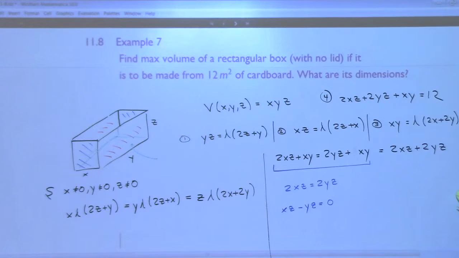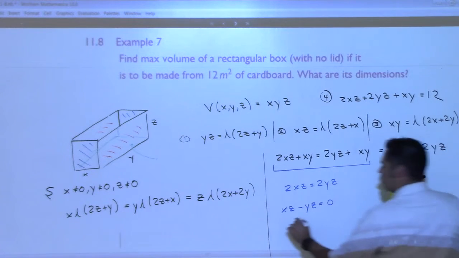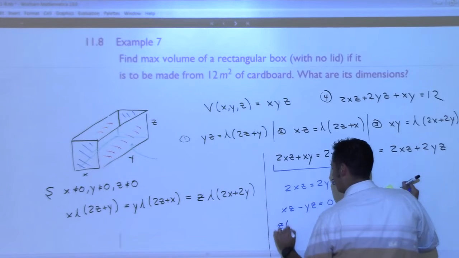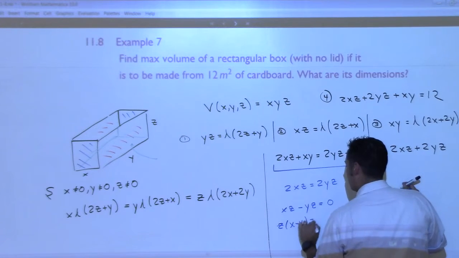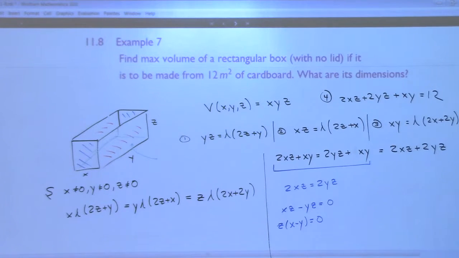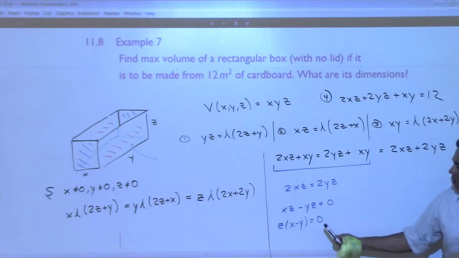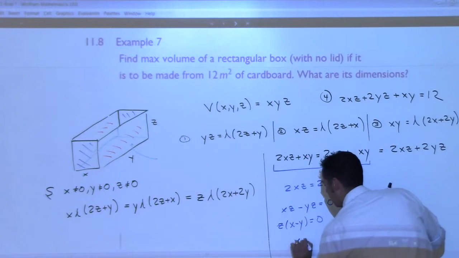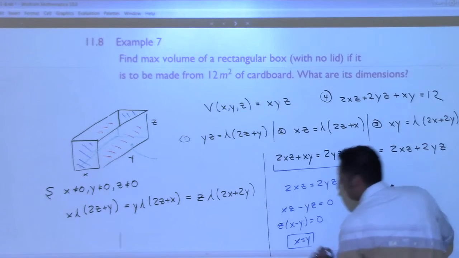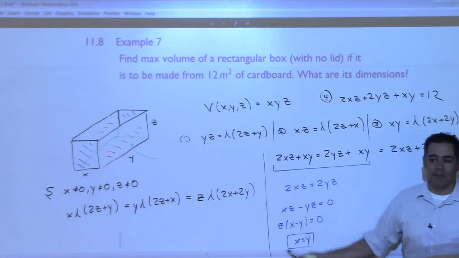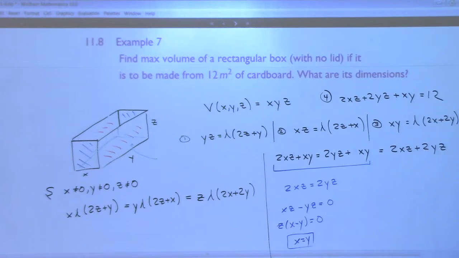Factor out a z: z times (x minus y) equals 0. And that means that either z is 0, which can't be, or x equals y. I'm not even considering z being 0 because I already said z can't be 0. So if I work with just those two, I know that x has to be y.